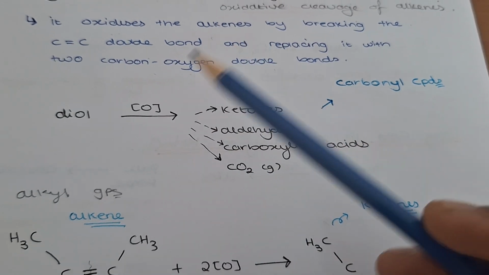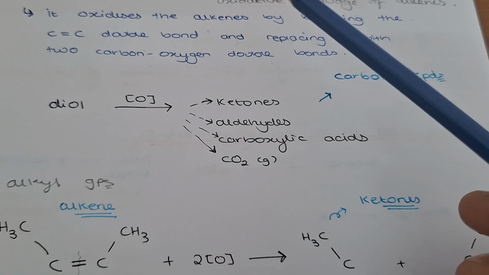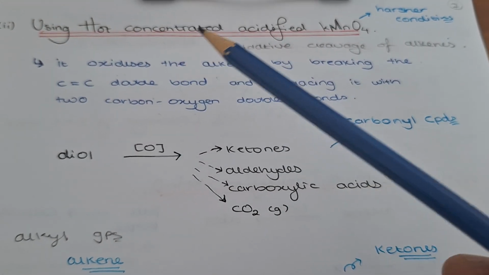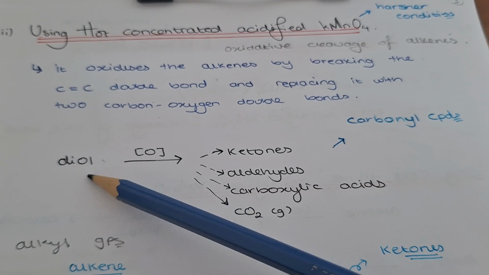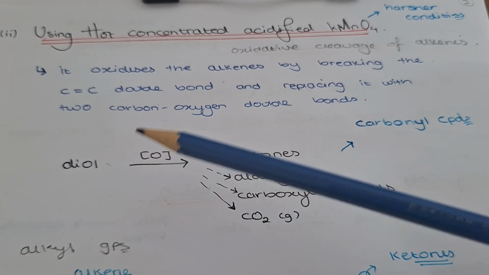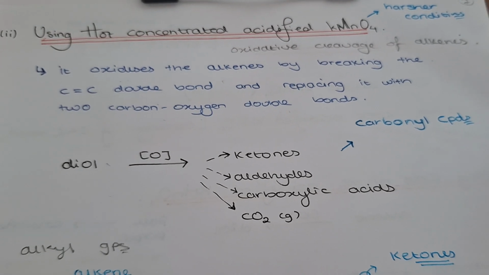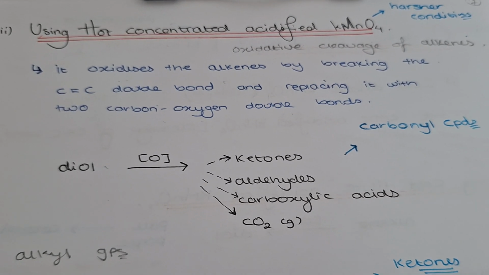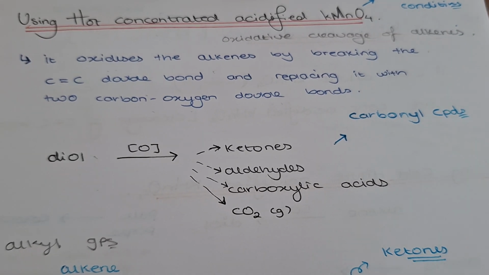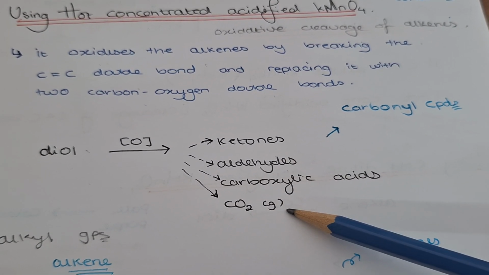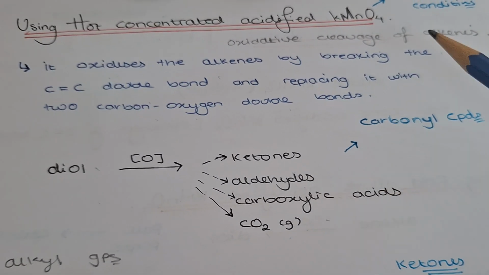Alors, ce qui est arrivé au commencement quand nous avons cold dilute, nous gagnons diol, et ce diol là, if it was cold and dilute enough, it will undergo further oxidation. Il est capable de donner ketone, aldehyde, carboxylic acid, comme dioxalic water.